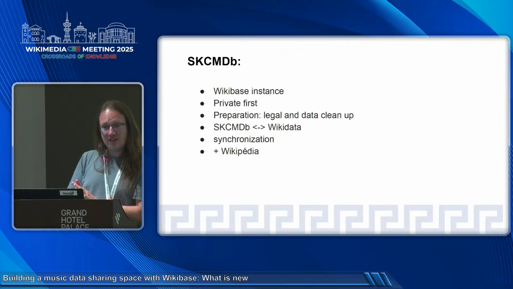This one will not be like that, not yet anyway, because first there has to be some preparation. We'll talk more about legal stuff, but legal work and data cleanup should happen before we open this data to the public. That's one of the things we are working on.